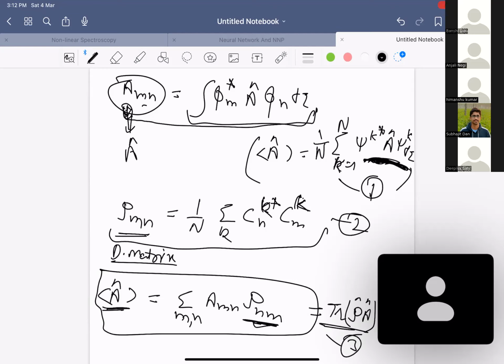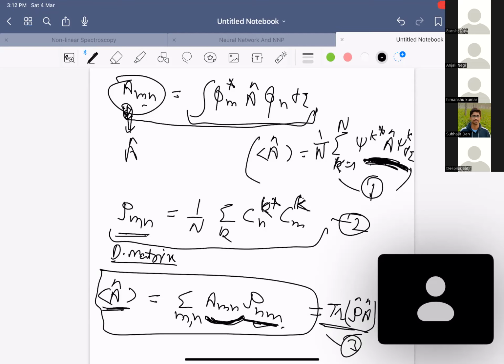Even if we know our state completely, say for a pure state, this Amn will always remain, because it comes from the quantum way we find the expectation value of any operator.